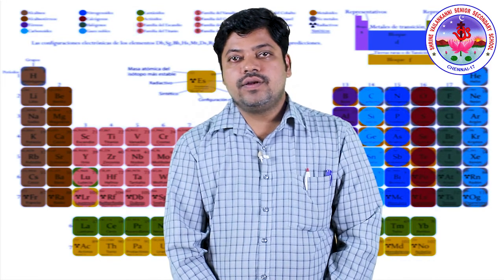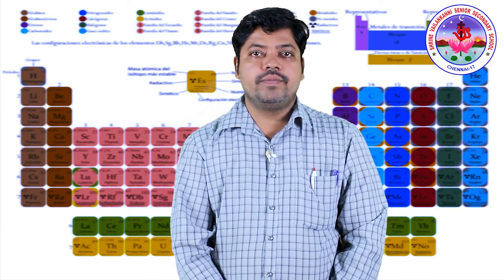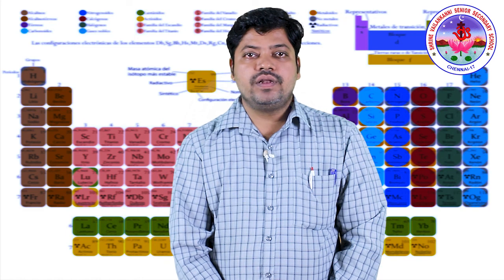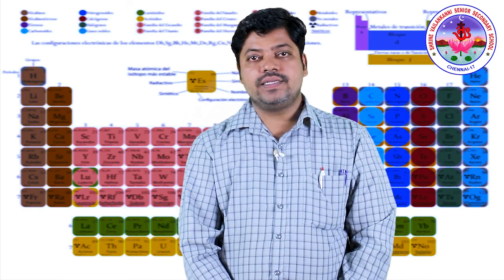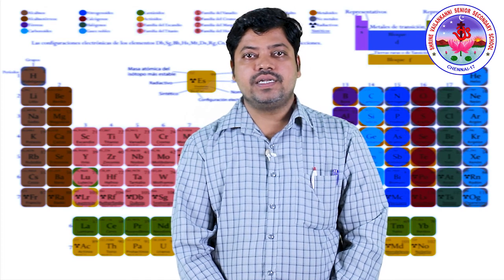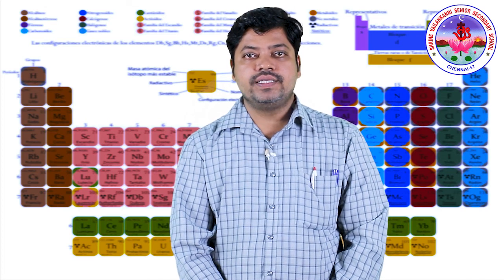Hi students, today we were seeing the modern periodic table. Where hydrogen is placed, where helium is placed, and where alkali and alkaline earth metals are placed, that we also discussed.